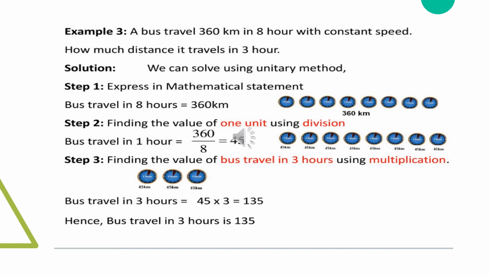Now we have to find the distance in 3 hours. You know that from 1 unit to more than 1 unit we use multiplication, so we multiply 45 by 3 and get 135. So the bus travels about 135 kilometers in 3 hours. In this way we find the value of more than 1 unit, and we have to follow the same steps.